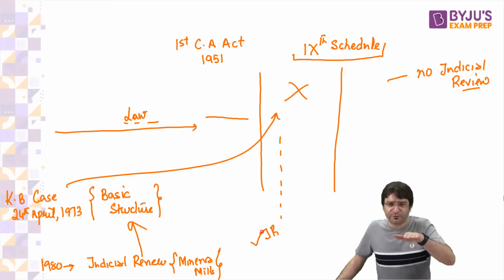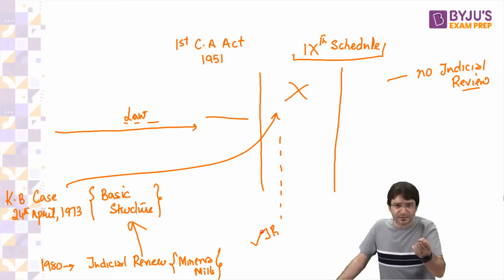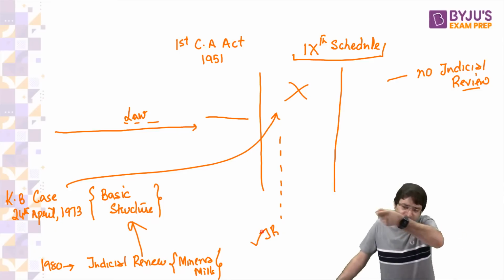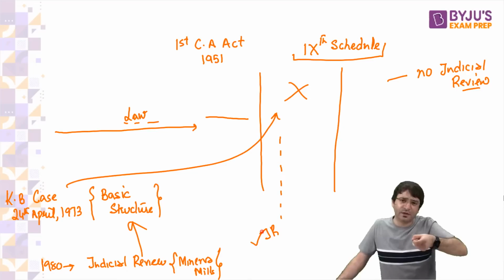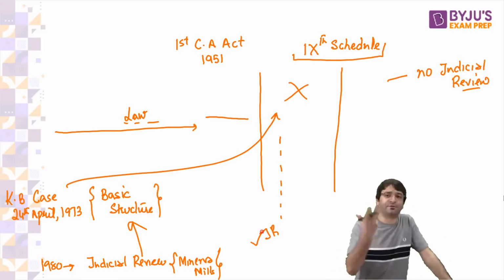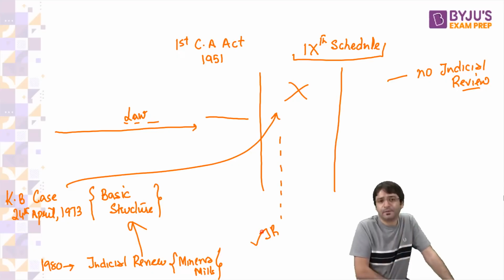Because if on 24th April the Supreme Court innovated a doctrine called basic structure, one such basic structure is judicial review. That means any law placed in the Ninth Schedule cannot get immunity. It has to be reviewed. It can be reviewed, even if the Constitution says there is no judicial review, because judicial review is part of the basic structure of the Constitution.